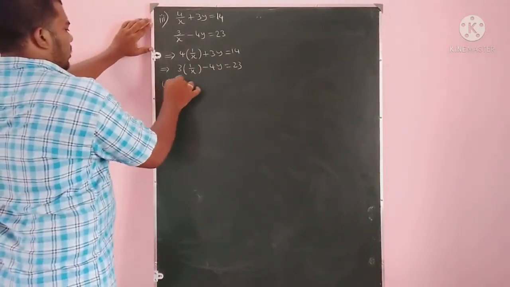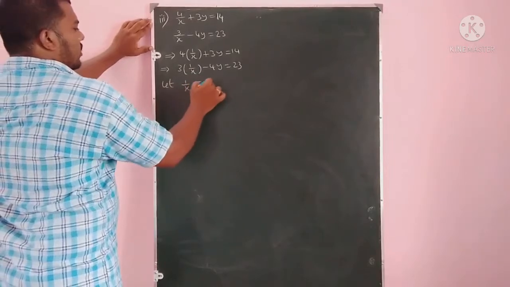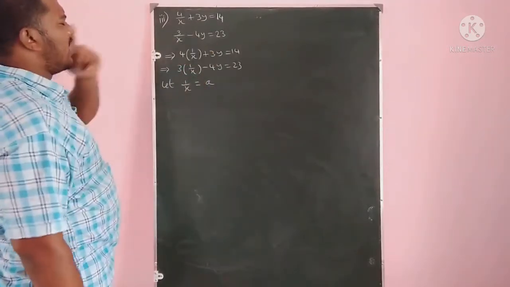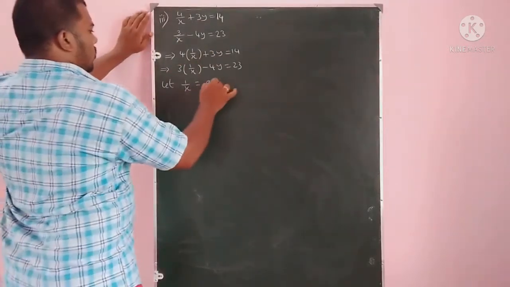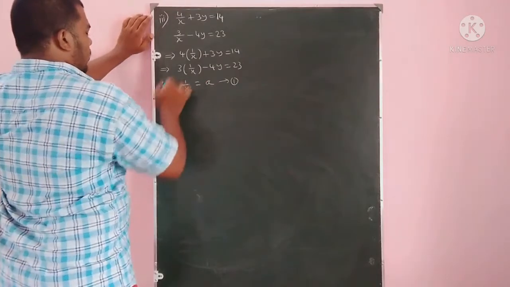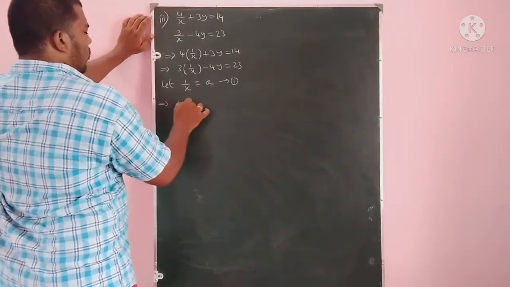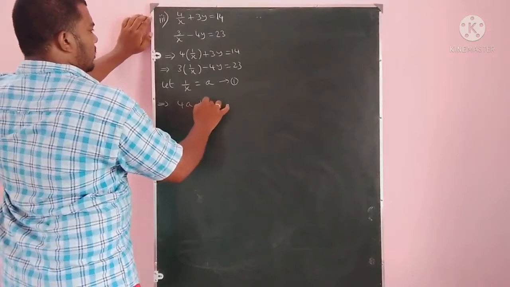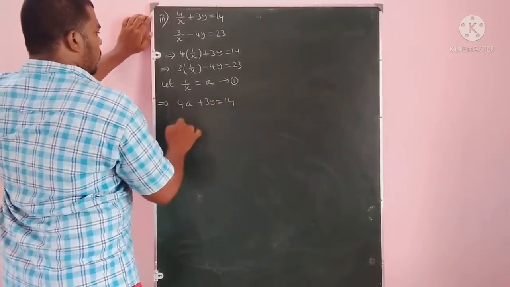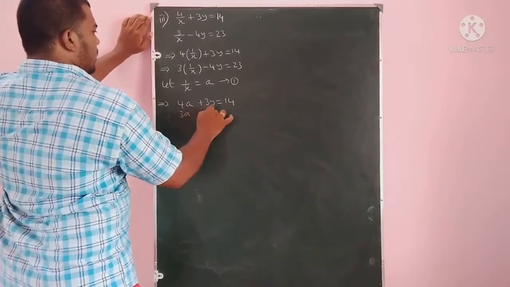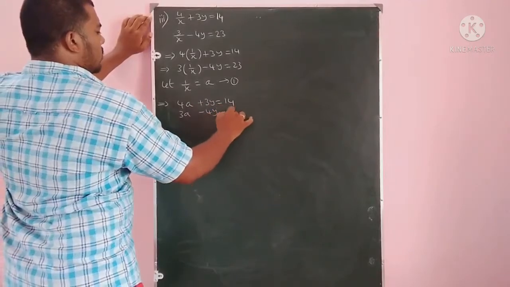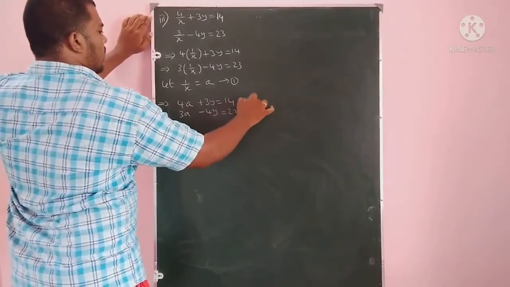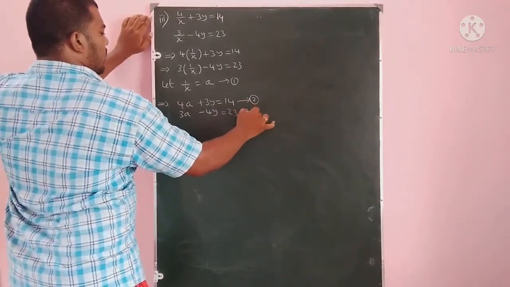So let 1 by x be some a. No need to replace y. Then we can write this as 4a plus 3y is equal to 14, and 3a minus 4y is equal to 23. Let it be 2 and this can be 3.